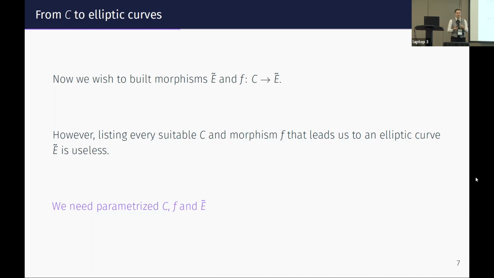What we need precisely is parameterized equations for the curve C, the curve F, and the curve Tilde E, so that we can choose the parameter accordingly, depending on which elliptic curve we want to reach.